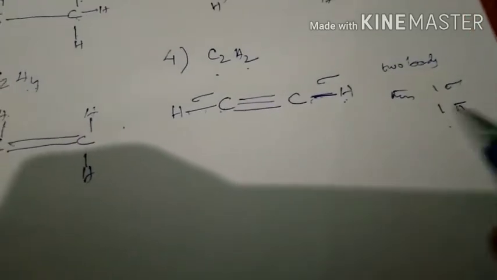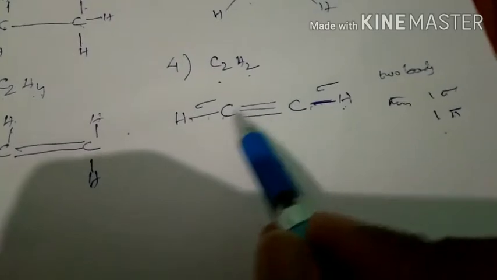If two bonds are present between any two atoms, then it contains one sigma and one pi bond. If three bonds are present between two atoms, that means a triple bond is present.